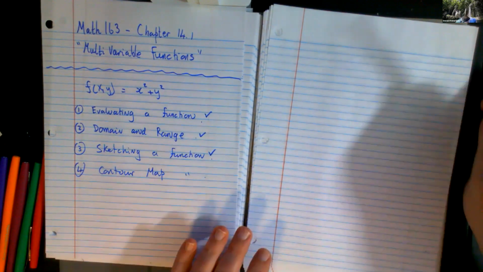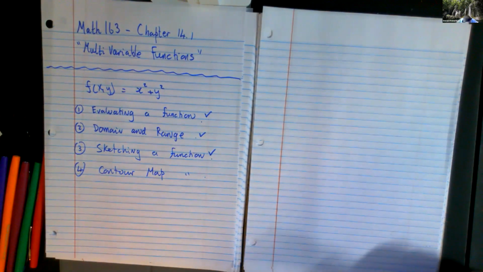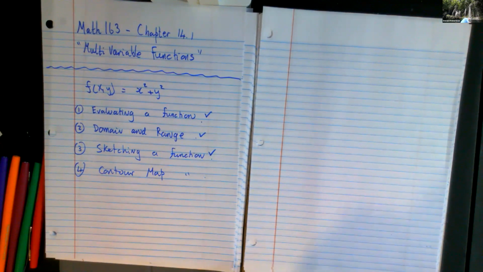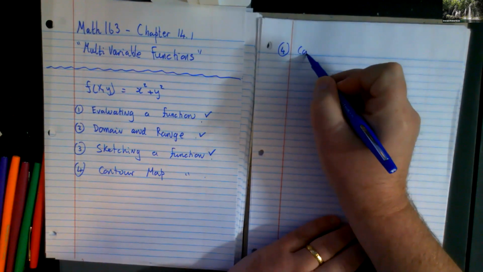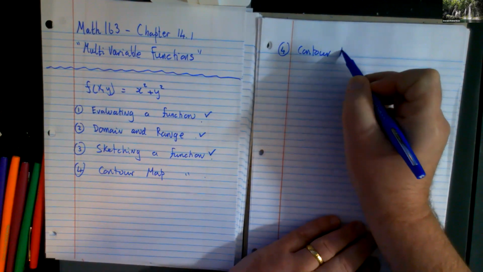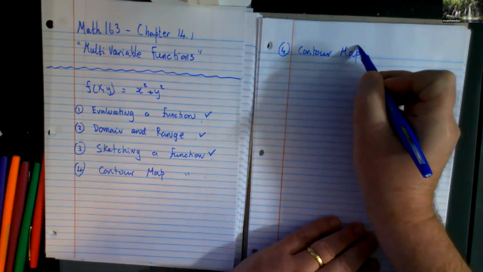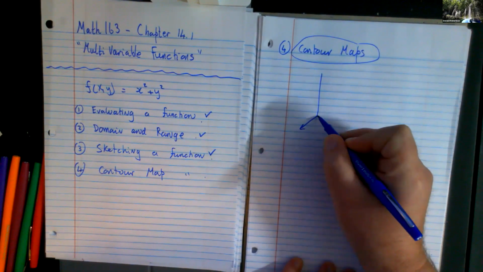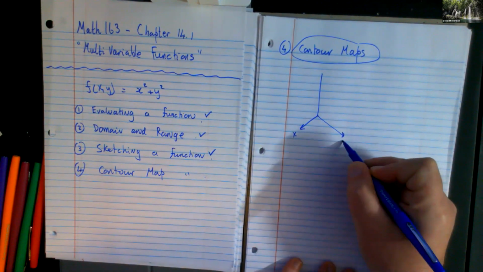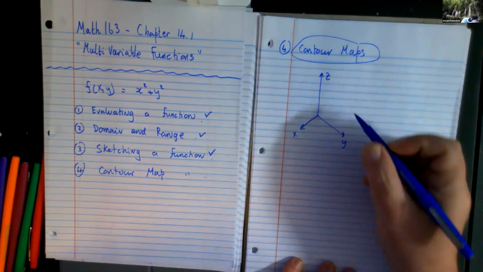That's pretty much all you'd be expected to do. So now we're going to look at contour maps. I'm going to pick a guy that I can draw relatively easily and show you what contour maps can be used to do.